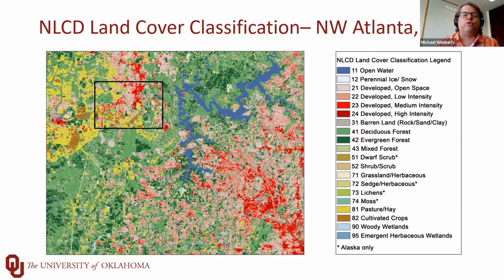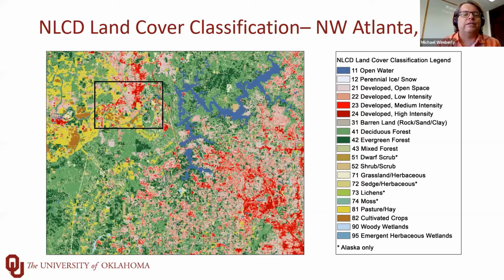You can see a variety of patterns here. The reds are developed areas, cities, buildings, roads. Green are forests. Yellow is pasture hay. Brown is cultivated crops. So we're kind of on the edge of a big metropolitan area.